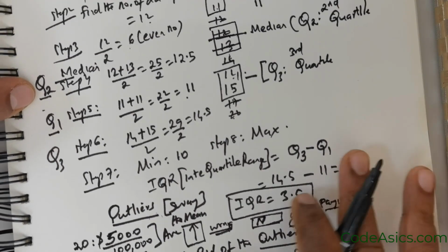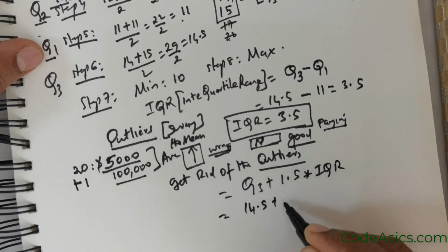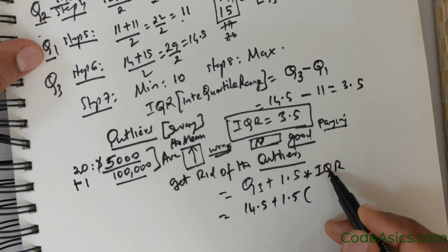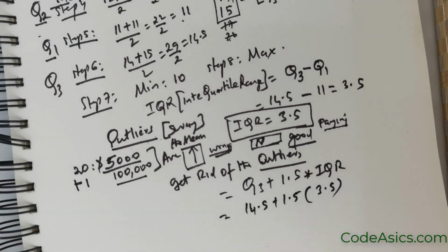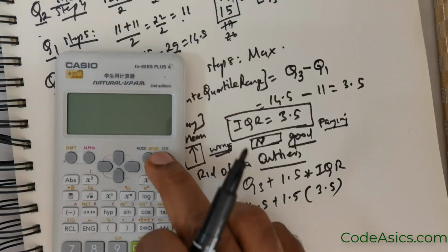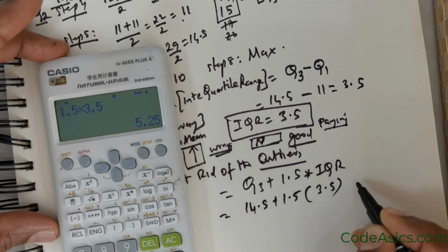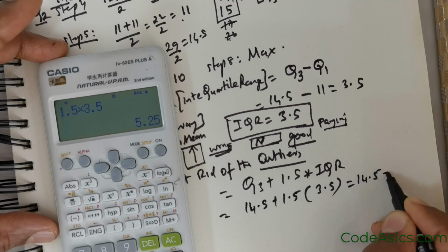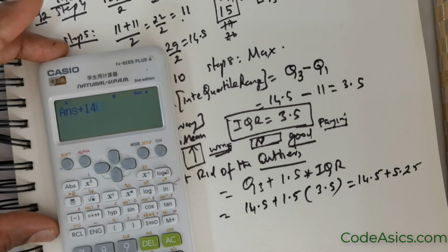So let me take Q3. What is Q3? Q3 is 14.5. So place that 14.5, place that 1.5. So what do we get as IQR? 3.5. So take your calculator and multiply 1.5 with 3.5. What do you get? You get a value of 5.25. You add 14.5. What do you get?